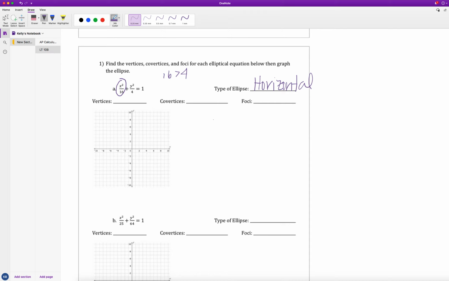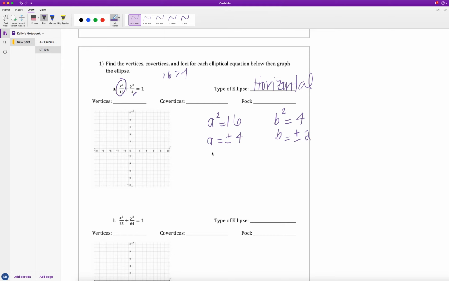What that tells me then is that a squared must be 16. So I can solve this for a, and I get a to be plus or minus 4. I also know that my b squared value is coming from the other part of my equation, so the 4 right here, which means that b, not b squared, we already had b squared, that means that b is going to be equal to plus or minus 2 when I take the square root there to get rid of the square.